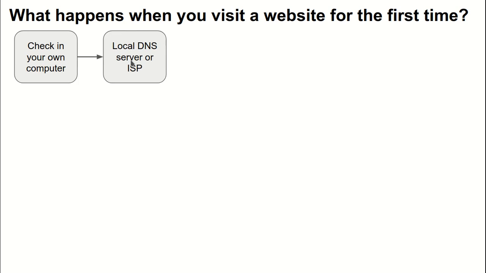So let's say the local DNS server is also not showing us that website. Let's say you requested a .com website. It is not present in the local DNS server, so it will send a request to the root server, or the main server, that will check for the .com website that you requested.